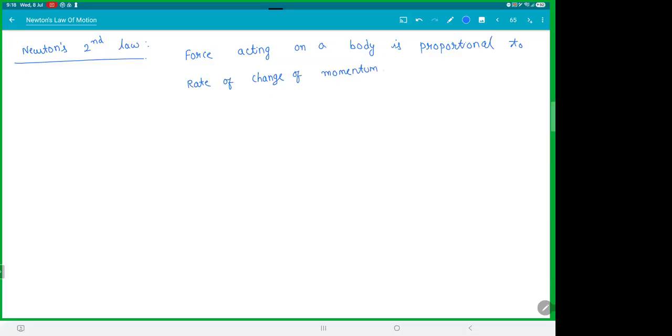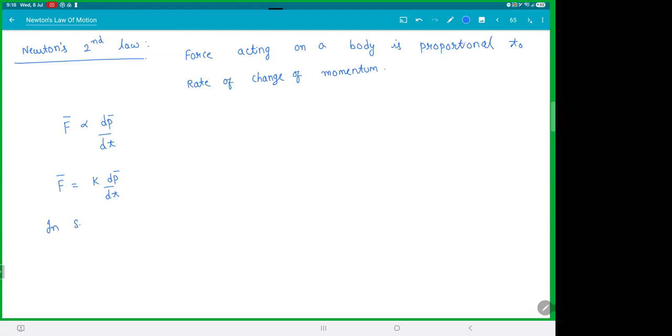We have some really good problems on this, but we have a separate chapter for this called momentum, collisions, and all that stuff. I will do a little basics here. So F is proportional to dp by dt. So remember this thing. Someone asks you what is Newton's second law, don't say F is equal to ma. That's a blunder. F is proportional to dp by dt. F is equal to k into dp by dt. K is the proportionality constant.